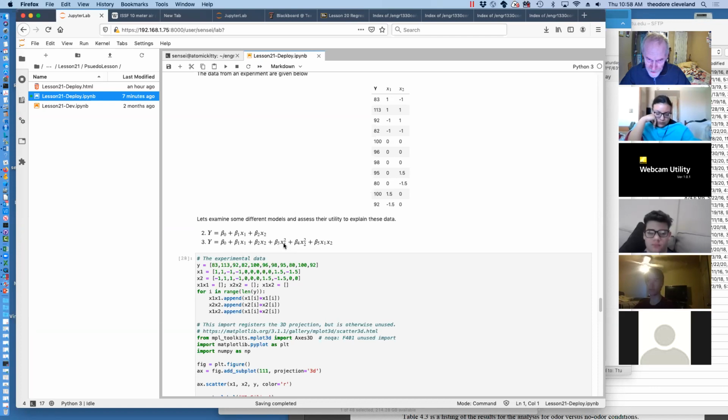So we look at the fiber count, we square it, multiply that by beta 3, and add it into our model. Beta 4 is x2 squared. We look at the hardener change, square it, multiply that by beta 4, and add it into the model. And we look at the product of the two, fiber times hardener, multiply that by beta 5, and add it into the model. So is that model linear in the predictor variables, x1 and x2?